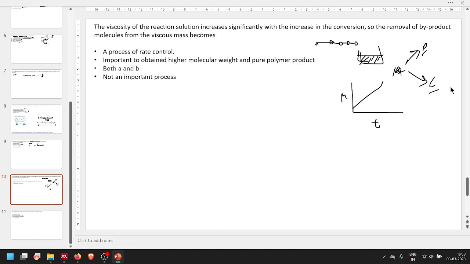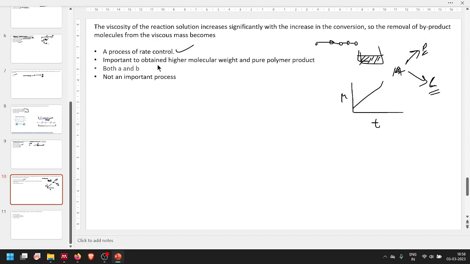How rate control? Because you're eliminating the byproduct and increasing the purity and the selectivity of the main polymer molecule. Because of which the process rate control becomes a crucial step, due to the removal of byproduct molecules.